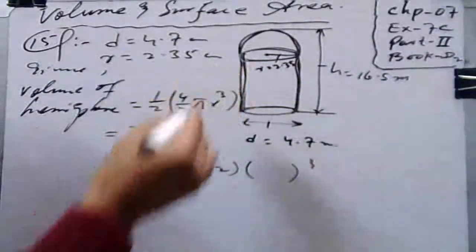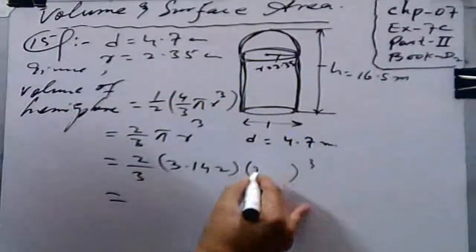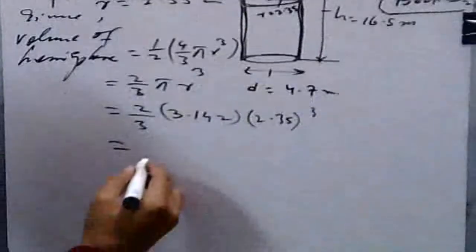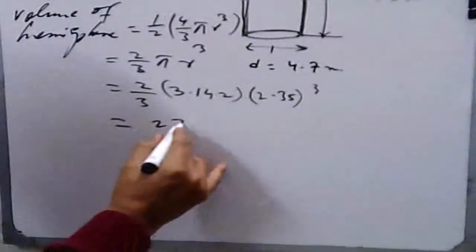Now the volume of the cylinder, that is pi r square h.